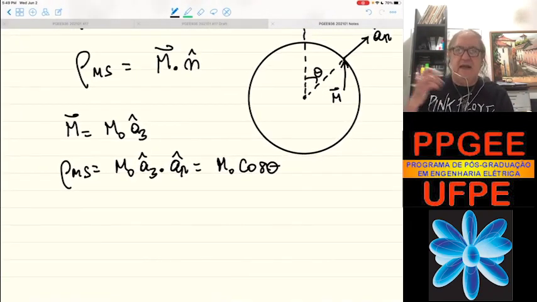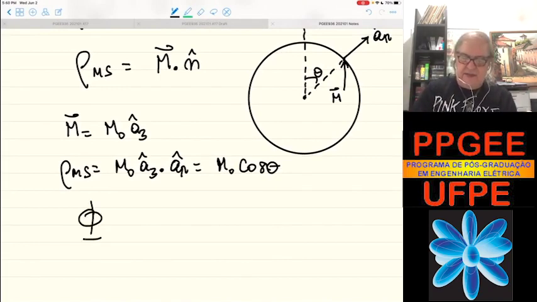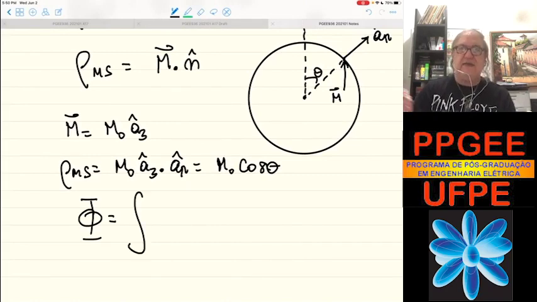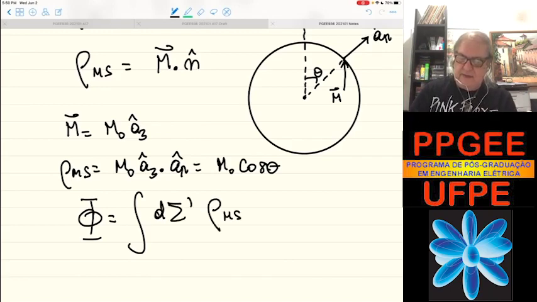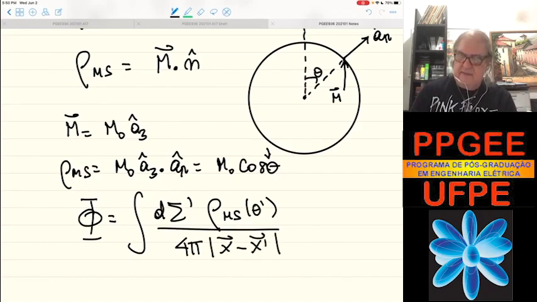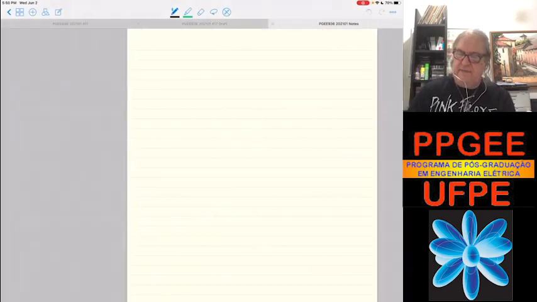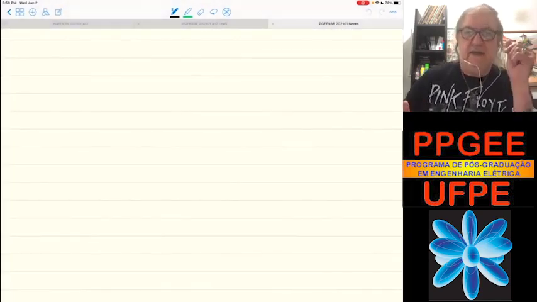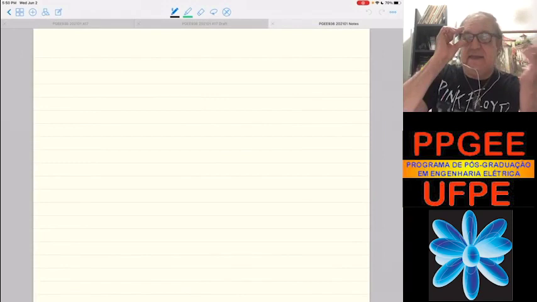So the potential anywhere can be written as the integral on the surface, because we don't have volume charge. So it's the integral of dS prime rho_ms, that depends on theta, but it's going to be on the integration variable theta prime, divided by 4 pi |x minus x prime|. So let's prove that we're going to have the potential anywhere, inside or outside.